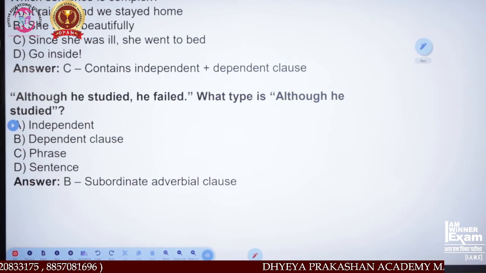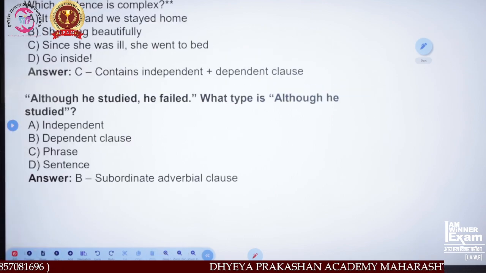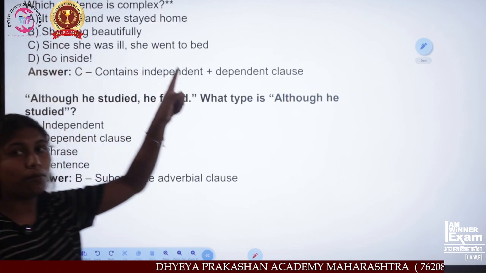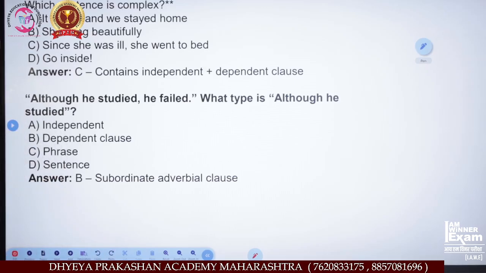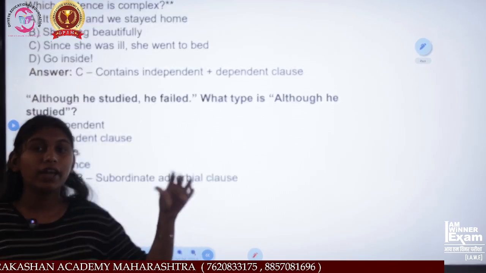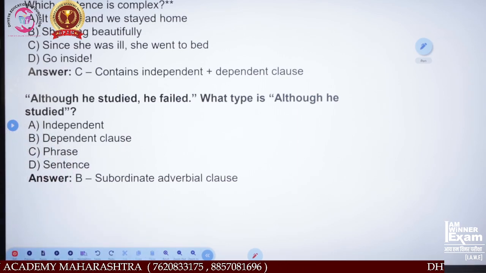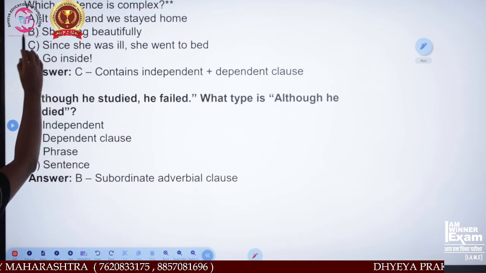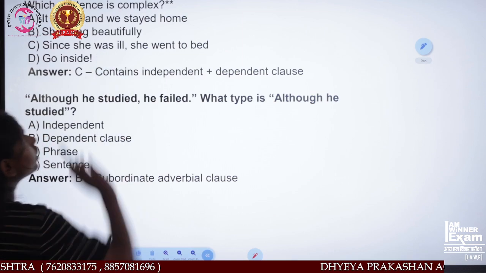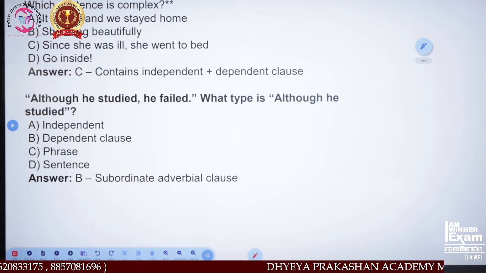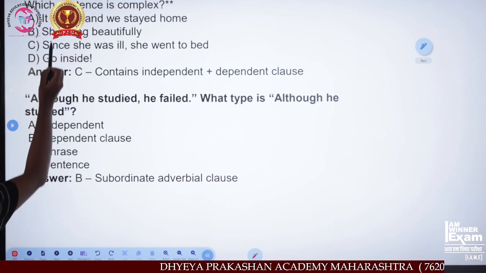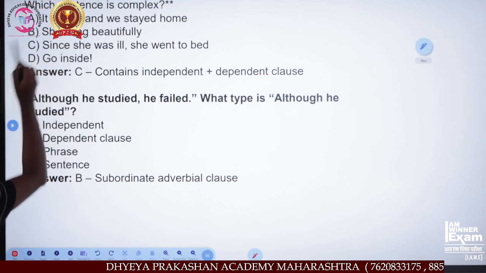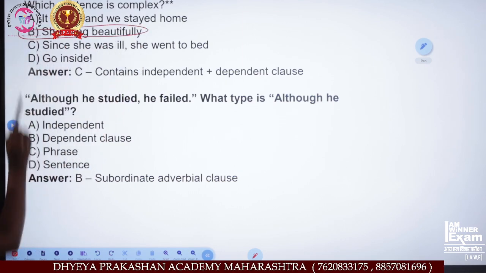The next, which sentence is a complex sentence? Now, a complex sentence needs one dependent and one independent clause. So here: it rained and we stayed home. Then, she sang beautifully. Now this is independent.